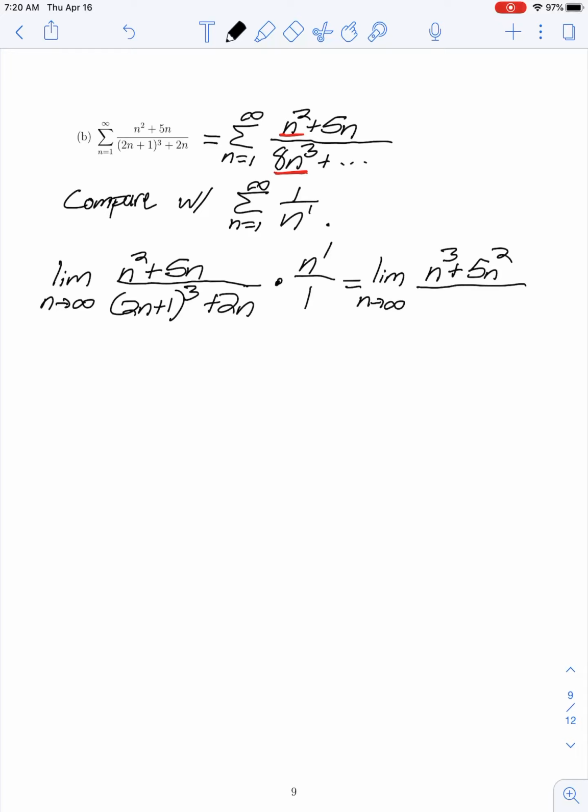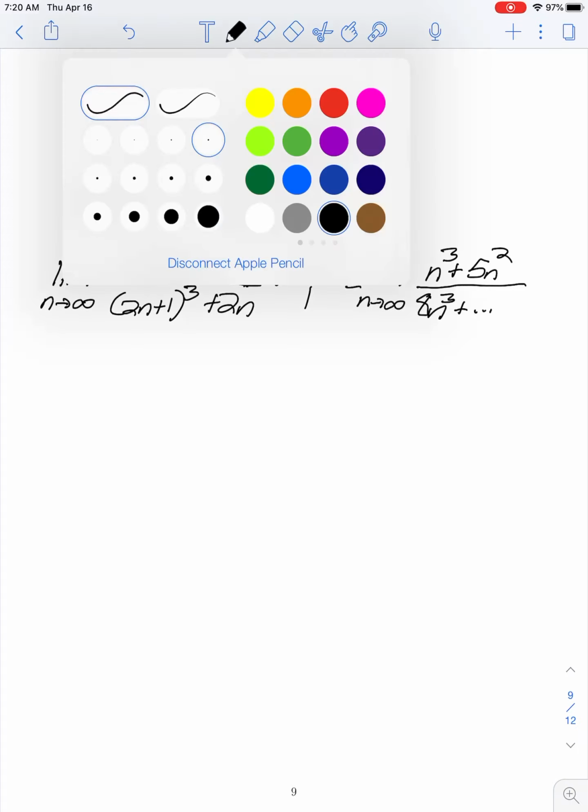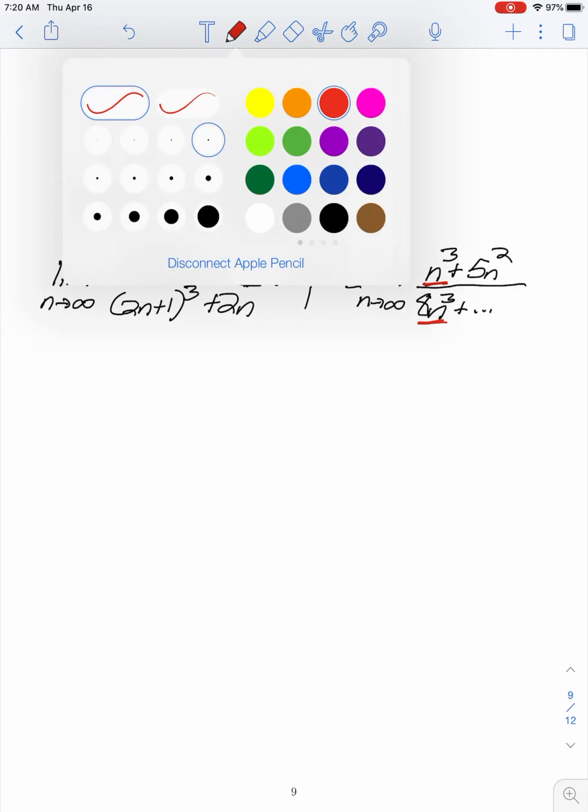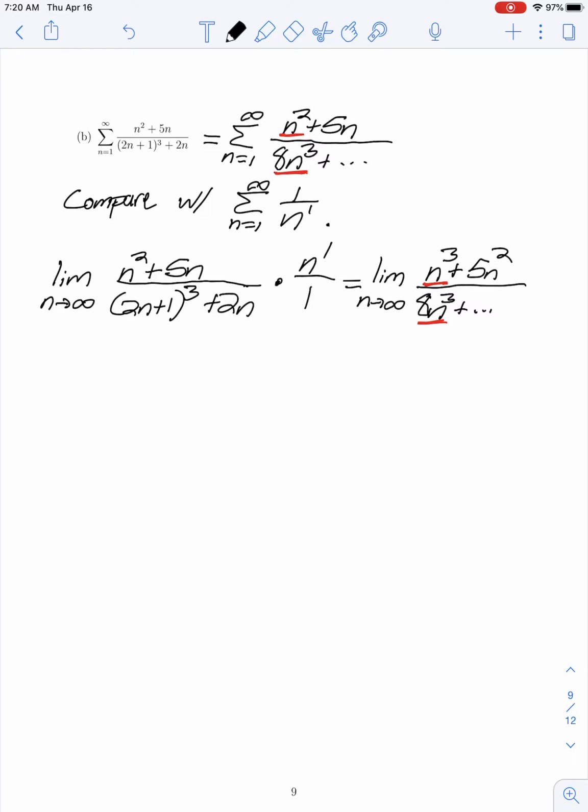Again, if we expand our denominator, we have something of the form 8n cubed plus some other terms involving smaller powers of n. So looking at the ratio of those lead coefficients, we have the same highest power on top and bottom. So for this infinite limit, we would have a value of 1/8, which does lie between 0 and infinity.